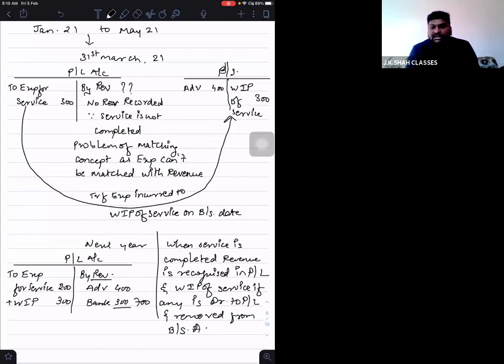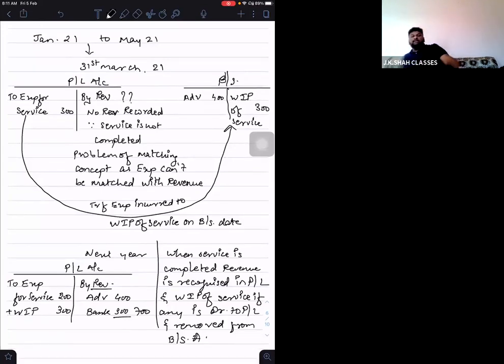And in the next year, when the income gets accrued, that advance will be added up to your income. The treatment that you are saying, that advance income will be subtracted, is not correct. You're talking about prepaid expense, because advance expenses are subtracted. I hope you're cleared with this point.